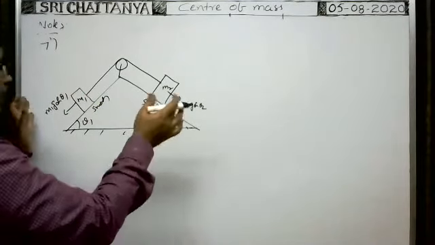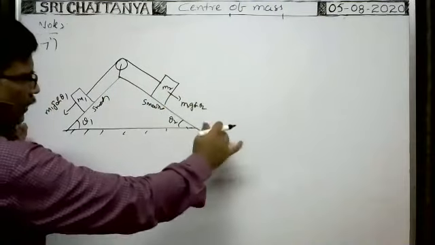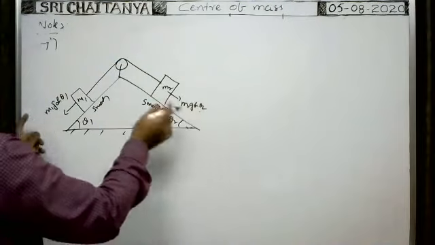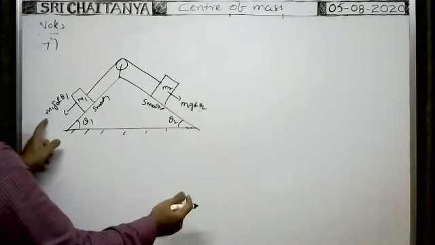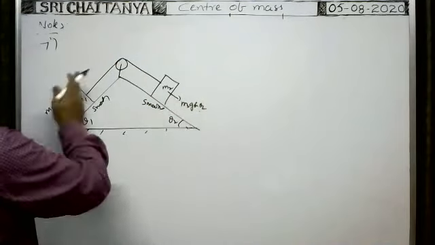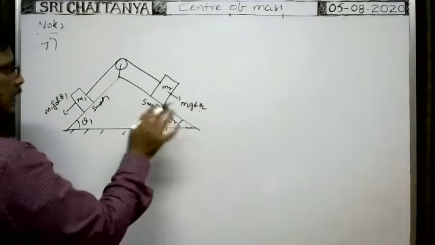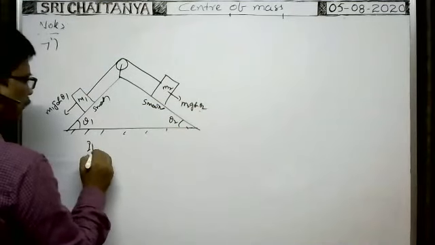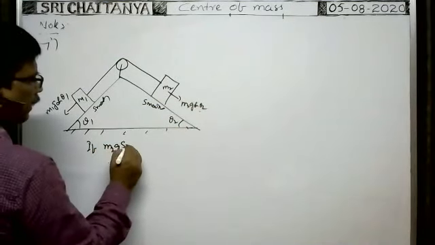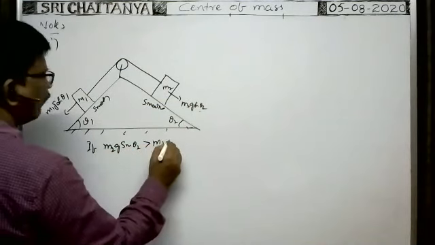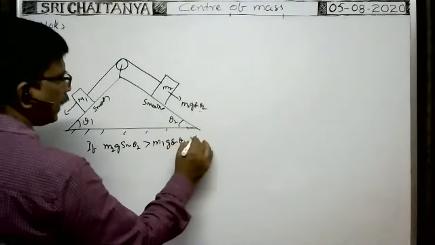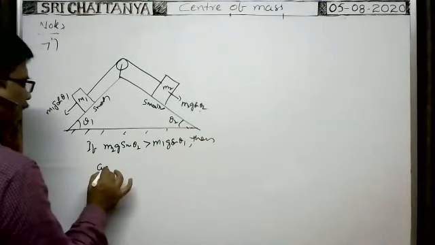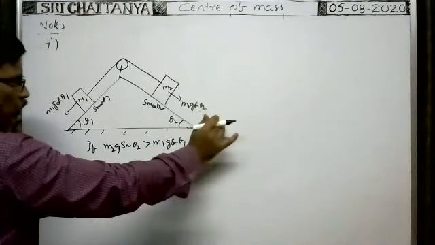Okay, here when you release them, the two blocks may move like this or like this. That means if this is greater than this one, then the two blocks move like this. If it is greater than this one, the two blocks move like this. So based on that only we can say in which direction the blocks travel. So here, if M2 g sin theta 2 is greater than M1 g sin theta 1, then the acceleration A is equal to the net force along the direction of motion of the two blocks.